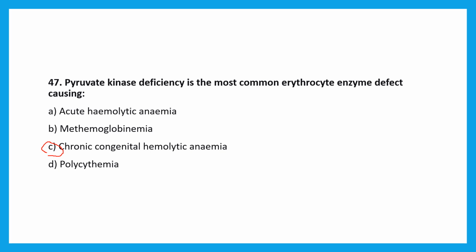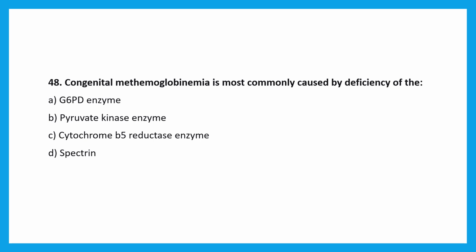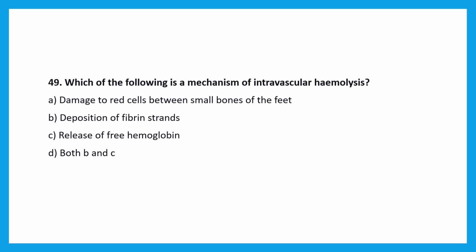Question number 48. Congenital methemoglobinemia is most commonly caused by deficiency of the what? We have just been discussing this: cytochrome b5 reductase enzyme. Okay, 49. Which of the following is the mechanism of intravascular hemolysis? We didn't discuss this exactly, but we actually tackled questions related to this.